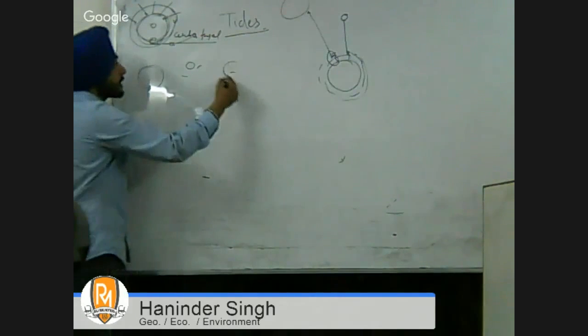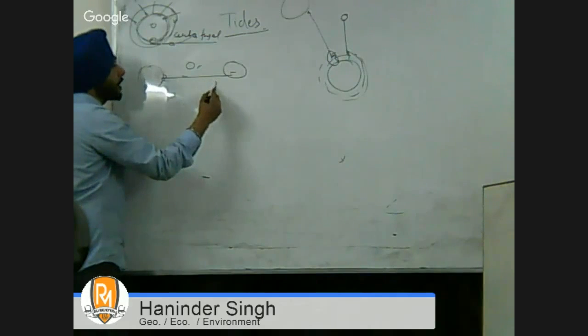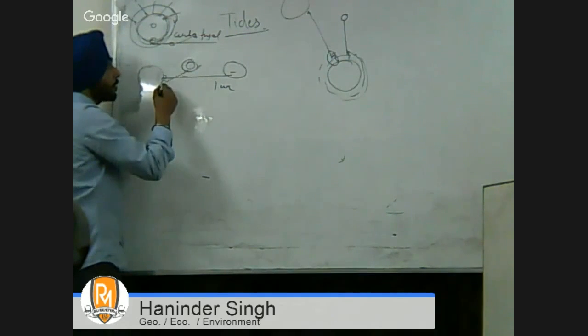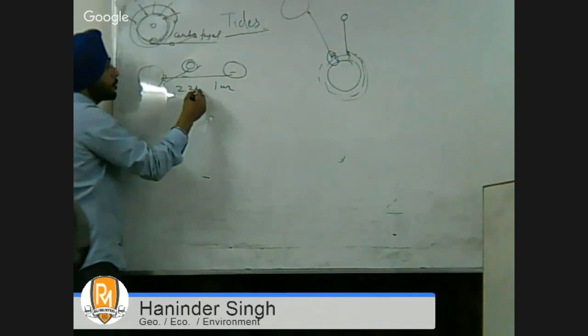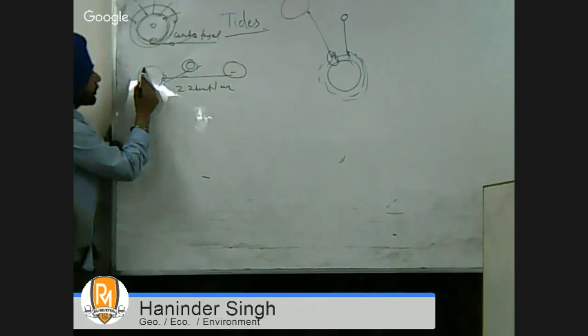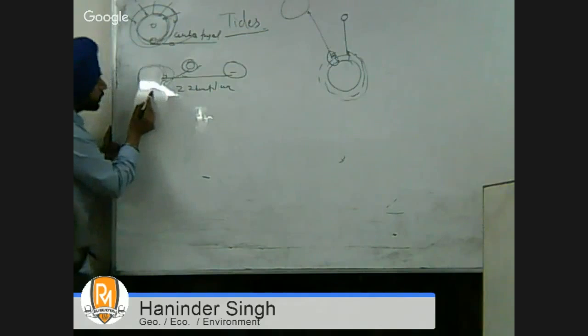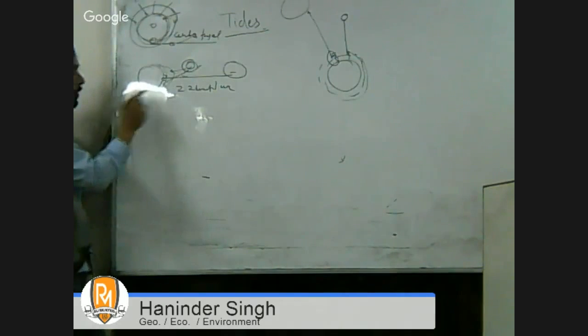So if the sun is pulling the water on the earth by 1 unit, then the moon will pull it by 2.2 units. So the moon's gravitational force is twice that of the sun. Now look, say this is the ocean, and the ocean is getting pulled towards the moon. This will be the position.